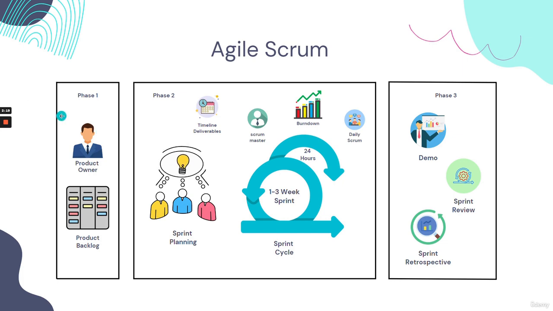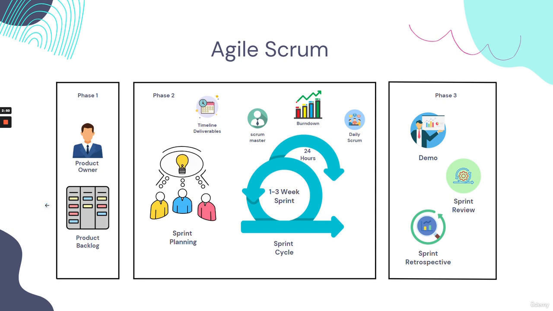Phase 1 consists of a product owner who basically knows the system or product very well. The product owner also communicates directly with the client and stakeholders to come up with the requirements as well as groom the requirements to ensure that it is put into a product backlog.